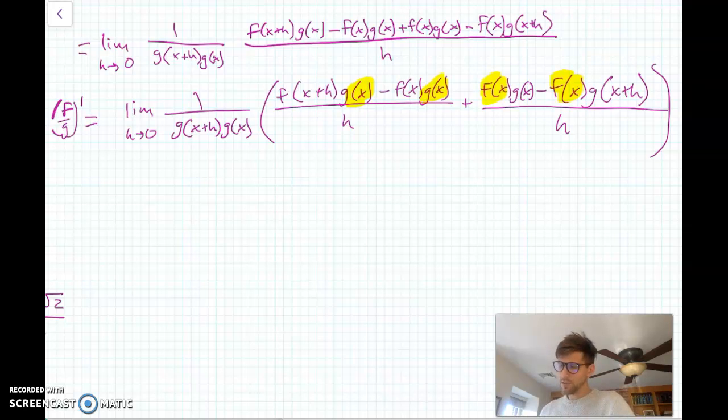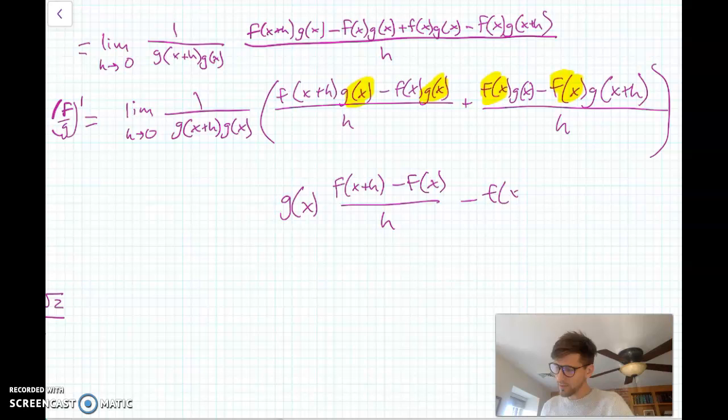And what that allows me to do now is take this portion and write it as g of x times f of x plus h minus f of x over h, minus f of x times, well, it's going to switch these signs, so I'm going to rearrange these terms, minus g of x over h.